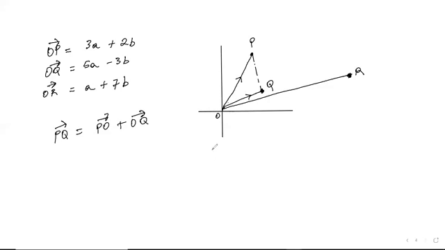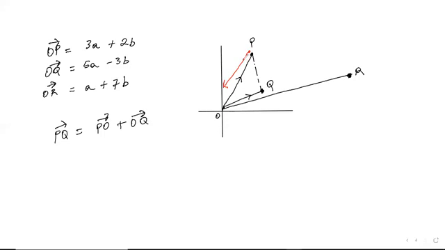The shortcut would be PQ, but the longer route is PO plus OQ. Remember, your starting point is P.